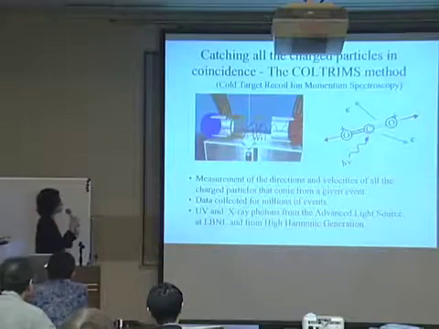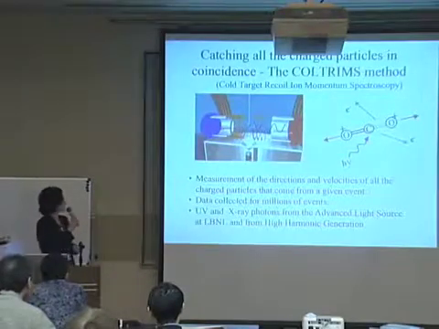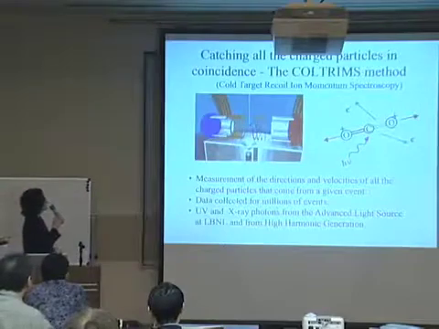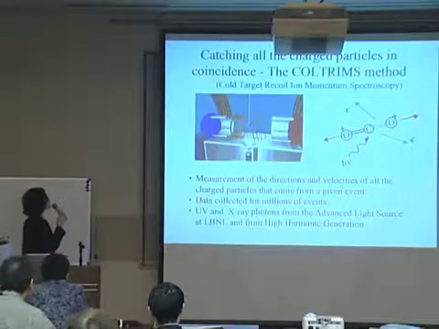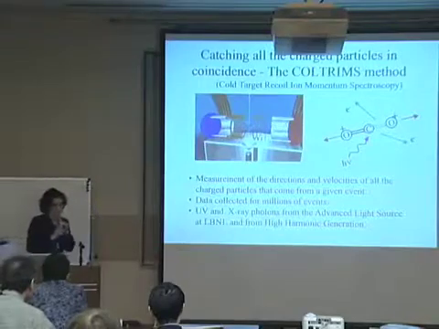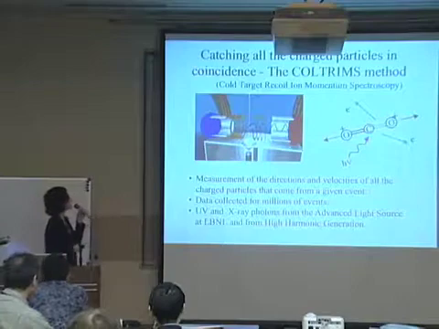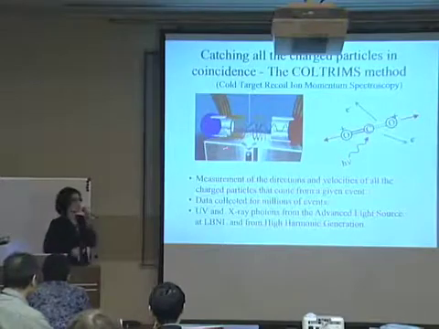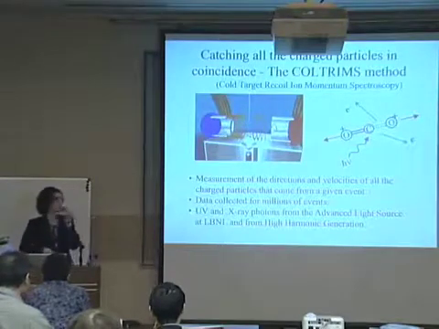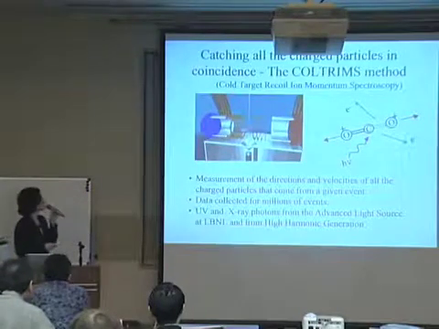Okay, now I'm ready to tell you the story I came to tell you, the story about symmetry and quickness. What you see here is a device which uses a method called the COLTRIMS method. It's a very particular device because it allows us to catch the fragments of a dissociation in coincidence. These are detectors that are both time and position sensitive, and we have electric and magnetic fields placed parallel to each other.